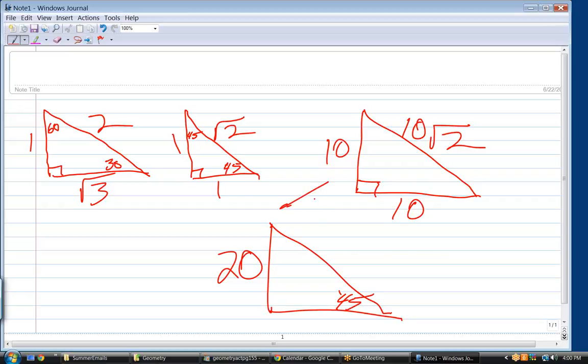If I compare it to this one over here, what's the similarity ratio? Times 2. Yeah, which means the hypotenuse would be 20 root 2, right? Mm-hmm. Well, if I compare it to my unit one, what's the similarity ratio?